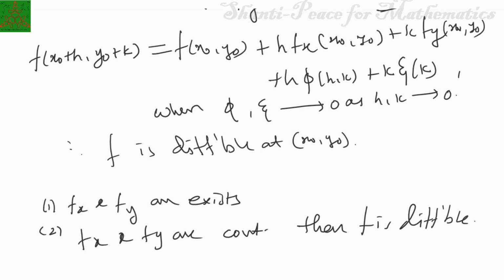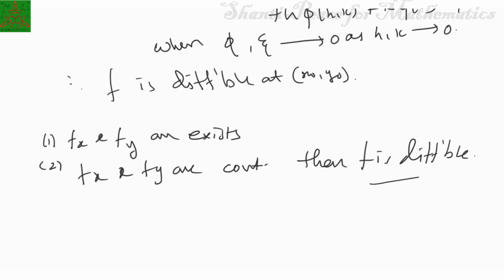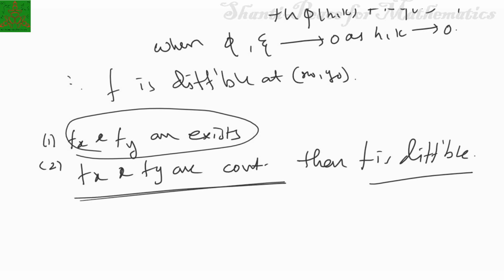This is the theorem we have proved just now. The converse is not true. If f is differentiable, we definitely say that fx and fy exist, which we discussed in my previous video. But if f is differentiable, we cannot say that fx and fy are continuous. So we need to give a counterexample to disprove the converse of this result.